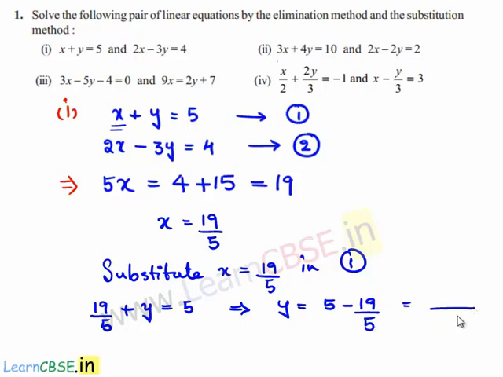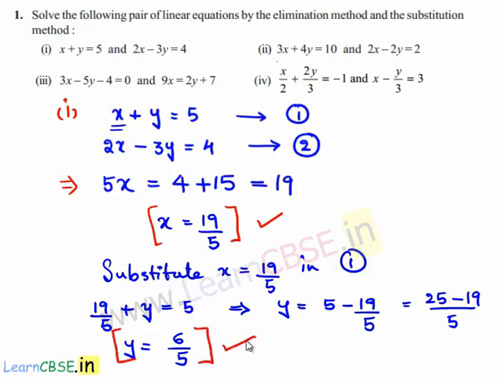So the LCM is 5 and 5 multiplied by 5 is 25 and here it is minus 19. So we can write y is equal to 25 minus 19 is 6. So y is equal to 6 by 5. So the solutions for the given pair of linear equations are x is equal to 19 by 5 and y is equal to 6 by 5.